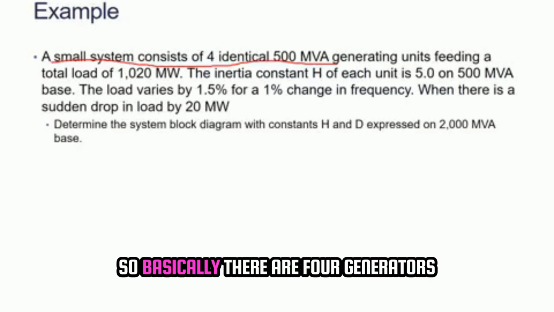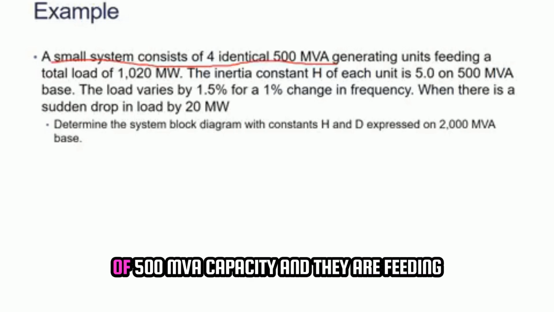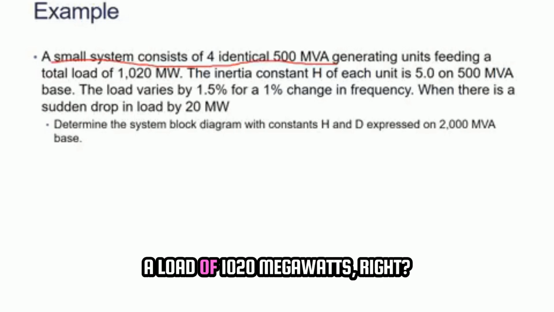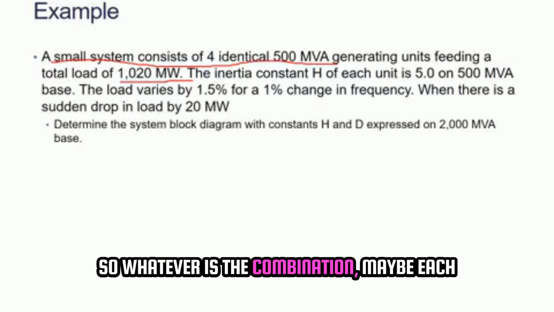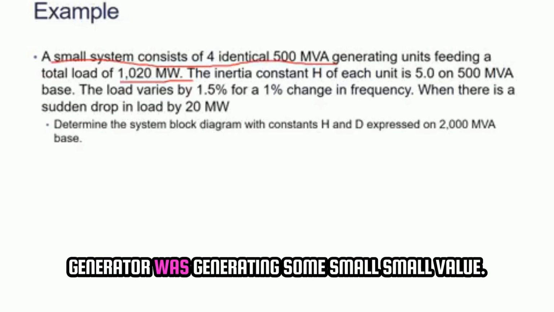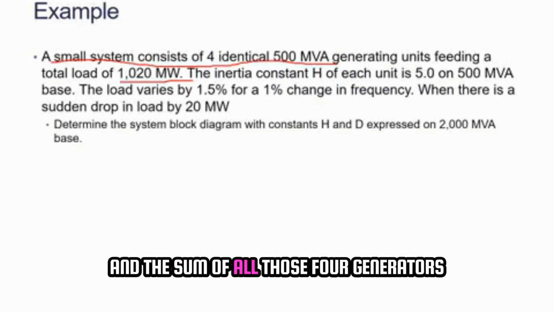So there are 4 generators of 500 MVA capacity and they are feeding a load of 1020 megawatts. Whatever the combination, each generator was generating some value and the sum of all those 4 generators satisfies the load of 1020 megawatt.